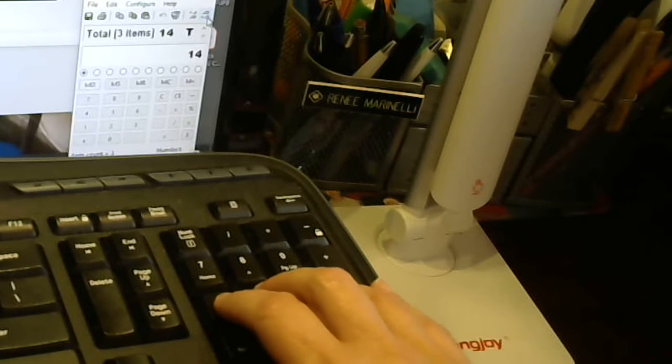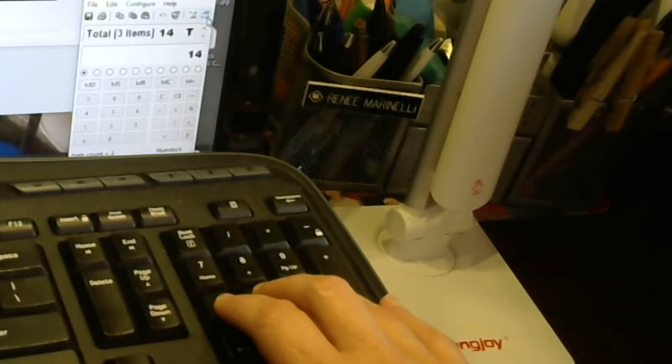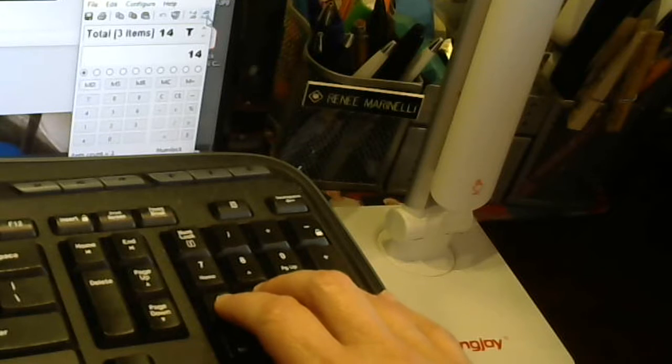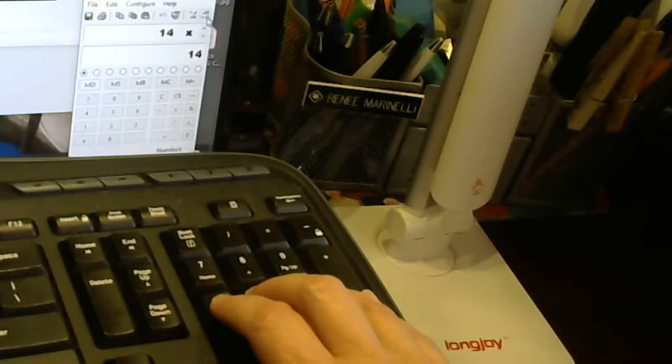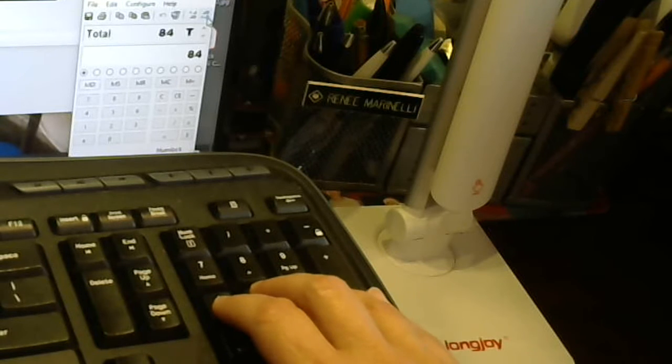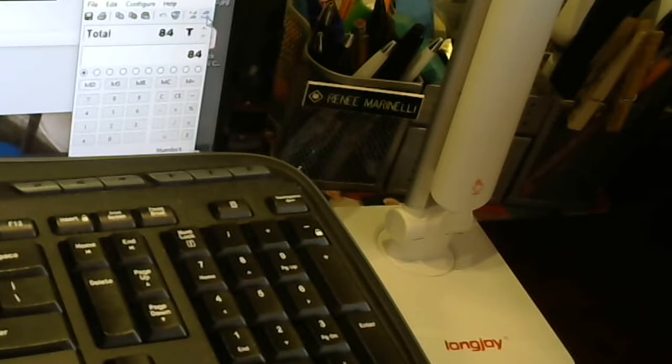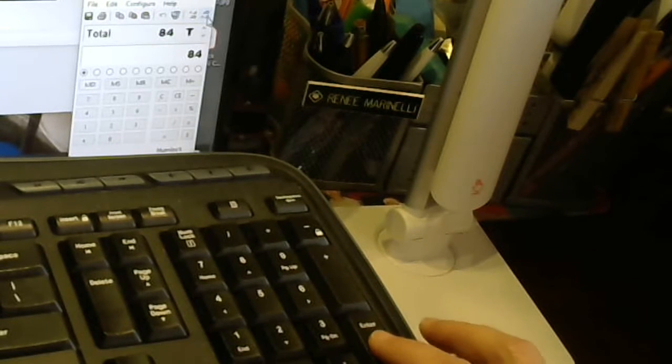I'm going to go ahead and enter, and that subtotal is 14. And then we're going to take that 14 and multiply it by 6 and enter. So our answer is 84. So 8 plus 9 minus 3 times 6 is 84.